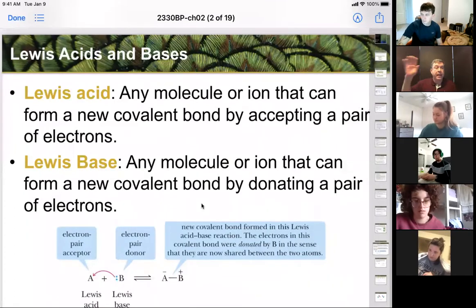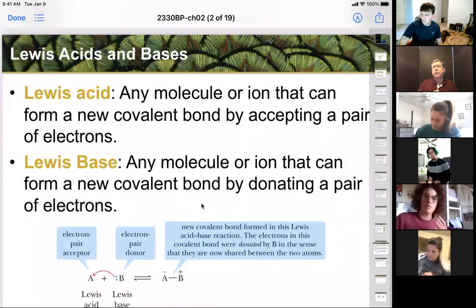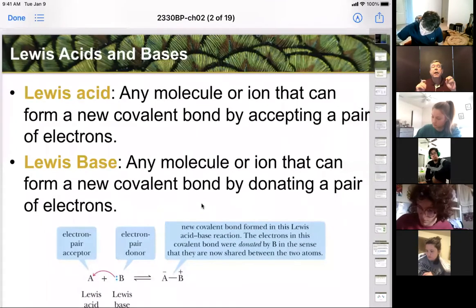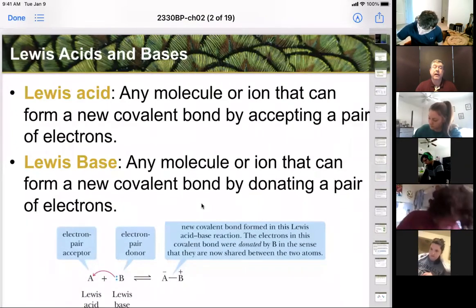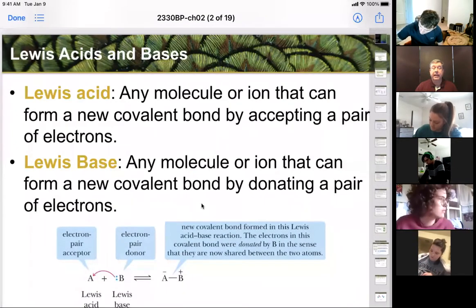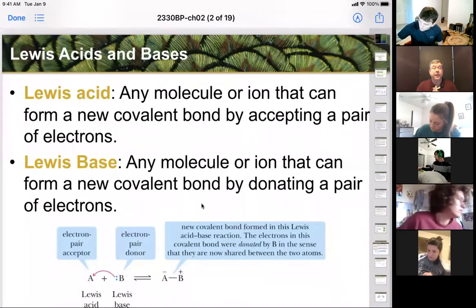So the Arrhenius has water, Bronsted-Lowry has to transfer a proton, and now we have a Lewis acid. It doesn't transfer a proton, but a Lewis acid is defined as a molecular ion that can form a new covalent bond by accepting a pair of electrons. Okay, and I want to tell you that that's exactly the same as a Bronsted-Lowry acid, and I'll show you why.